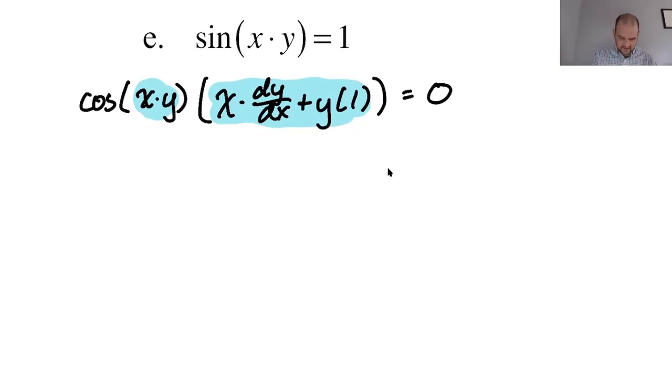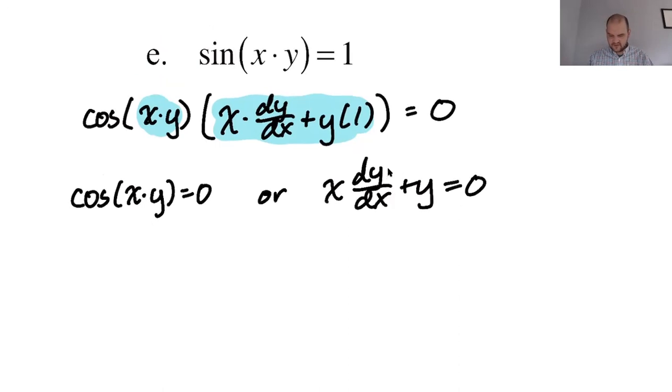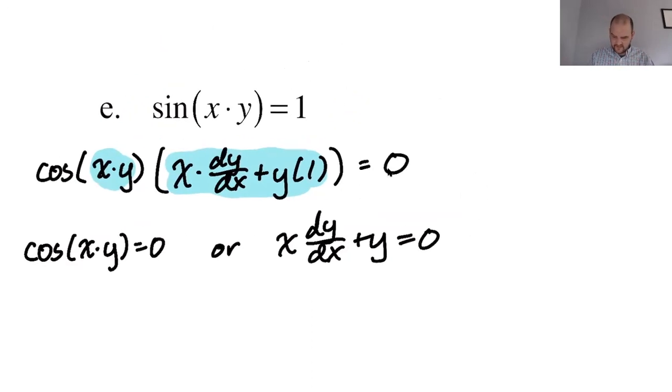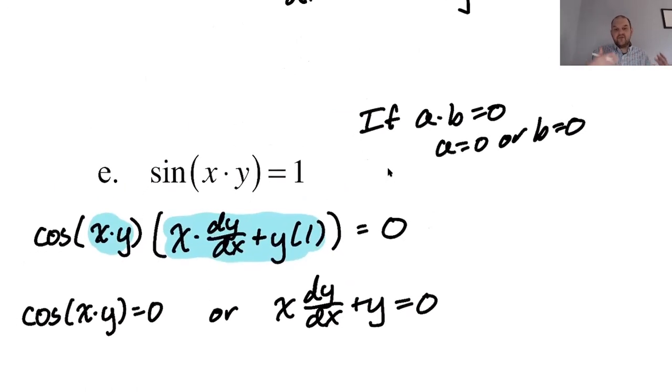I'm going to say that either cosine of xy equals 0 or x dy/dx plus y equals 0. Why am I doing that? I'm using the property that if a times b equals 0, then a equals 0 or b equals 0. I have a product, so one thing could equal 0 or the other.